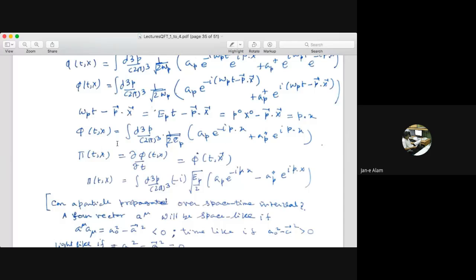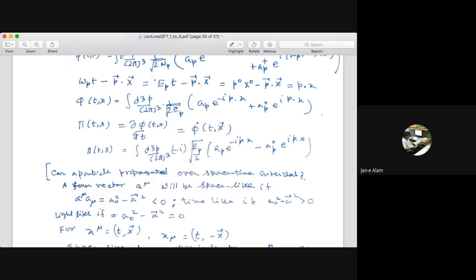So when you put the time dependence, this remains same, and a_p e to the minus i p dot x plus a_p dagger e to the plus i p dot x, where this p and x are 4-vectors. Okay. Now, we know the Lagrangian of the system, so I can take the derivative of the Lagrangian density with respect to phi dot.